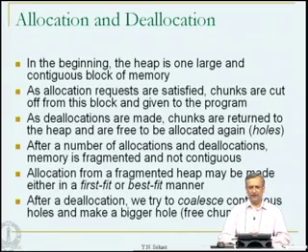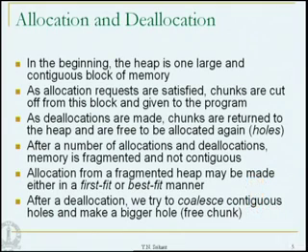Allocation from a fragmented heap may be made in either a first fit manner or a best fit manner. We will see what these are. After a deallocation, we try to combine or coalesce contiguous holes, and they make a bigger hole.